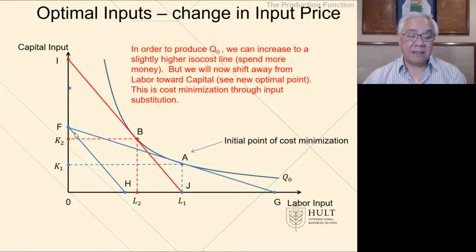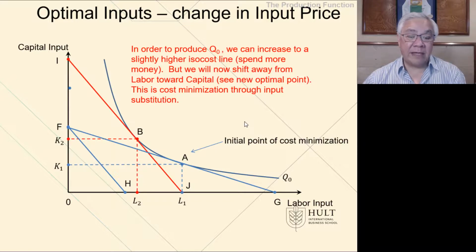So if we had this situation where the rate of labor changes, the isocost changes from this to this. Now, in order to hit Q0, we need to raise our budgeted amount, our isocost, to this new red line described by L1 to I, and this will get us to the point where we can hit B, which combination yields our target manufacturing quantity.